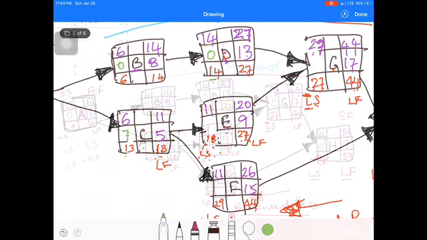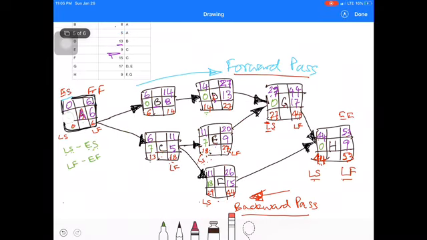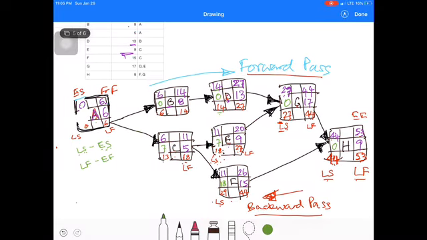Likewise, we can calculate, and see that for some activities the total float is 0. The path that connects the zero-float activities is the critical path. There is no flexibility available in these activities. So this path is the critical path.